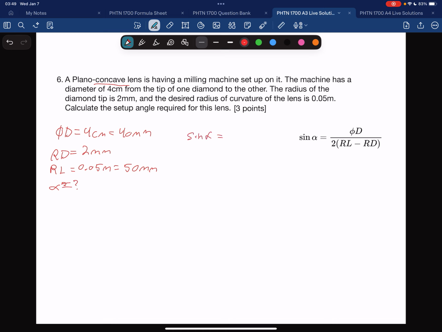So the sine of alpha is equal to our 40 divided by the 2 times 50 minus 2, this time taking the inverse sine of everything, and again simplifying the bottom just a little bit.